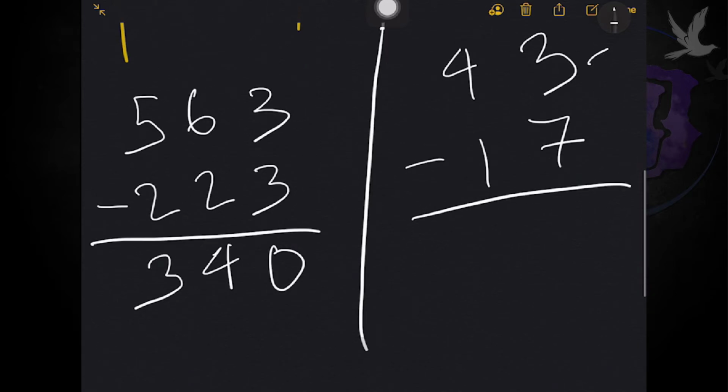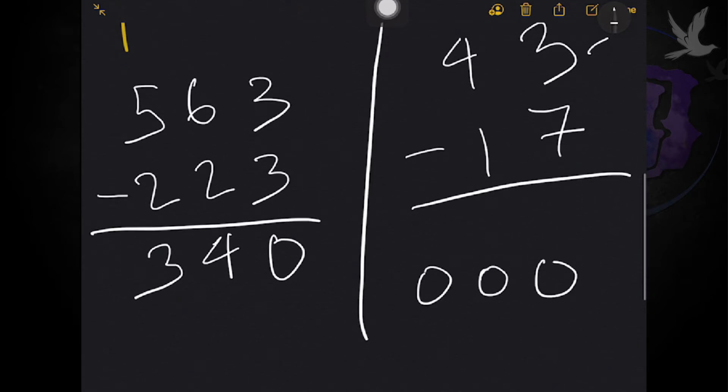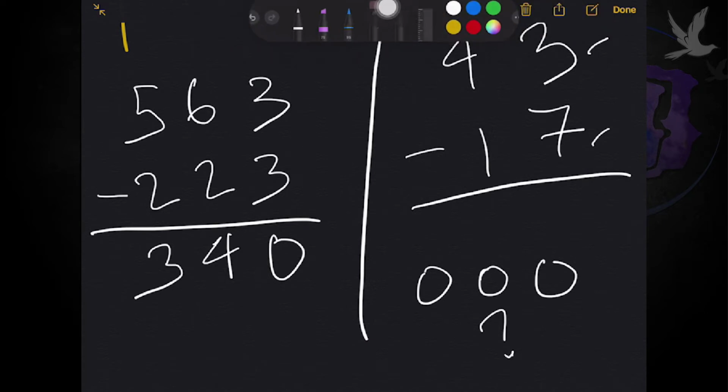If you have 3 chocolates, 1, 2, 3, can you take away 7? Can you take away 7? No. You only have 3 chocolates. No one can take 7 chocolates from you. That's impossible.